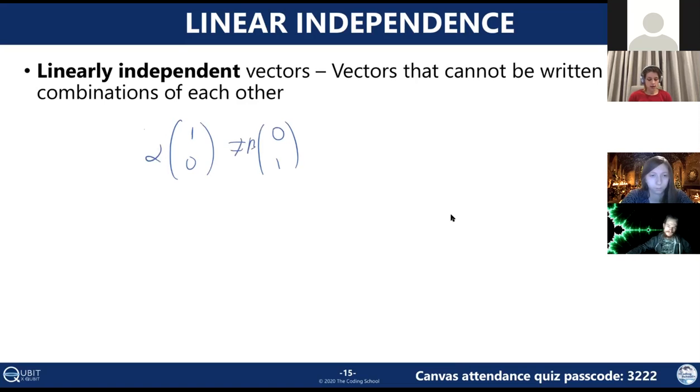There's no way that you can get a 1 to appear in the second element, or a 0 to appear in the first element if you're just multiplying it by a value. I guess, yeah, if you multiply by 0, that's the trivial solution for everything. But then you just have 0, 0, and you still don't have the 1 in the bottom to go between the two.